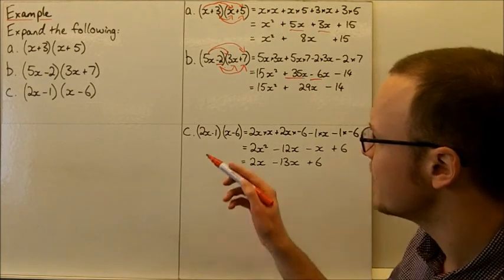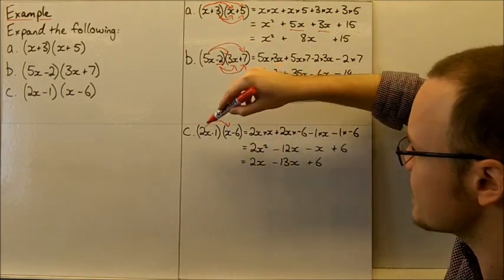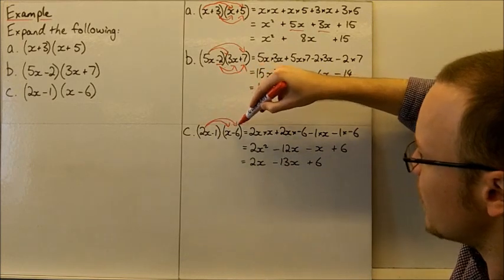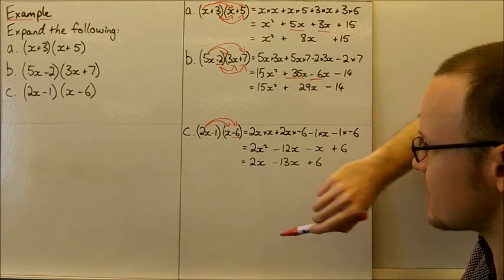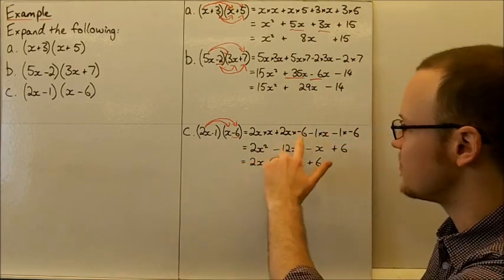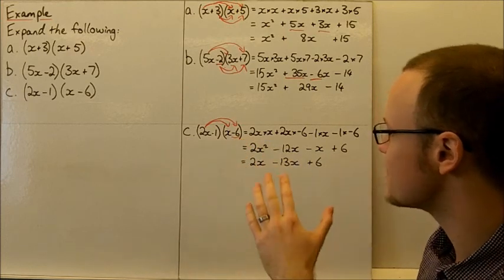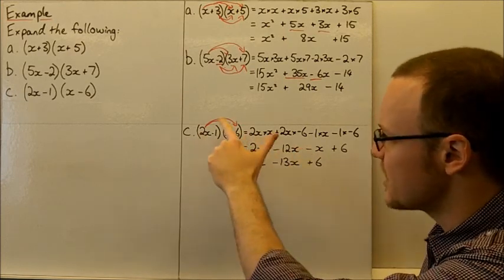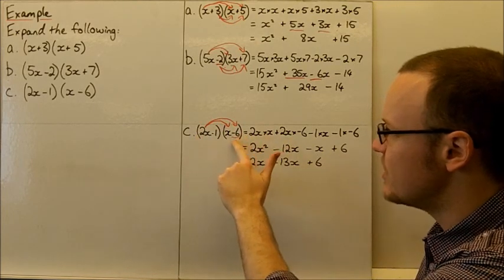Last example now. Here we've got 2x times x, and 2x times negative 6. Notice we need to carry that subtract sign out the front of the 6. So it's 2x times x plus 2x times negative 6.